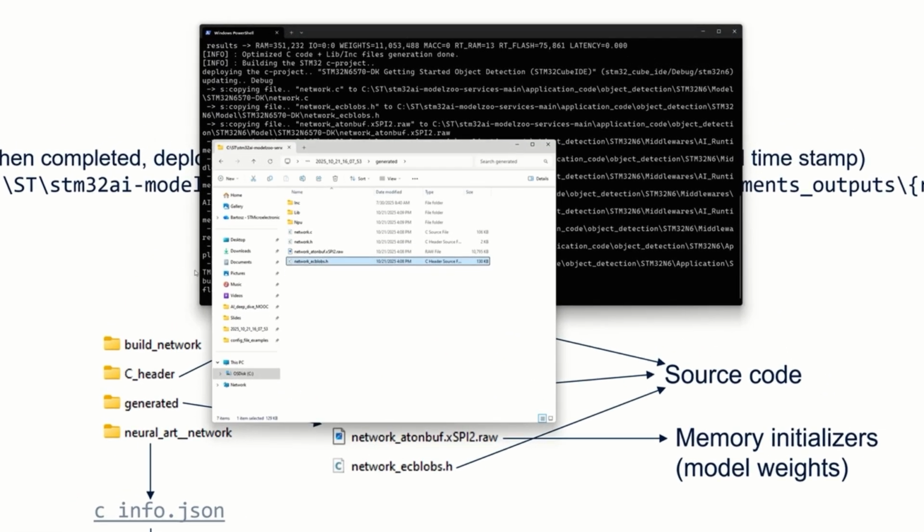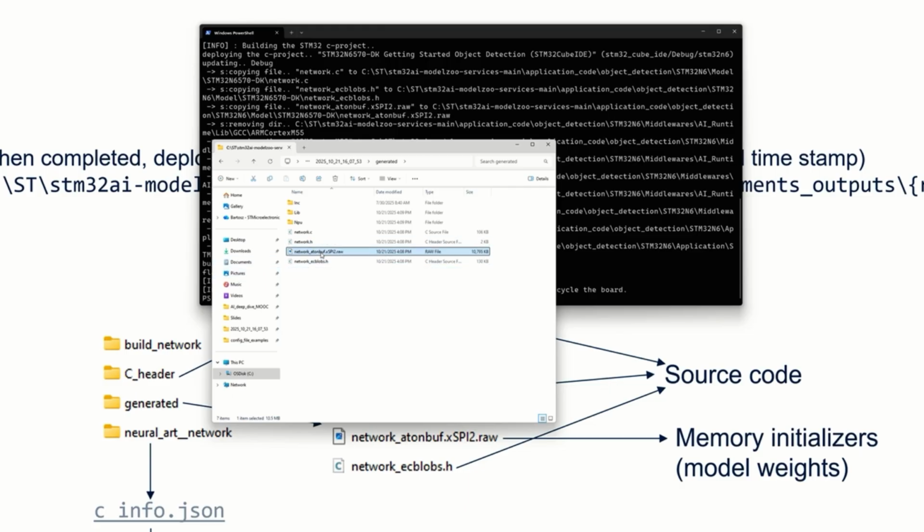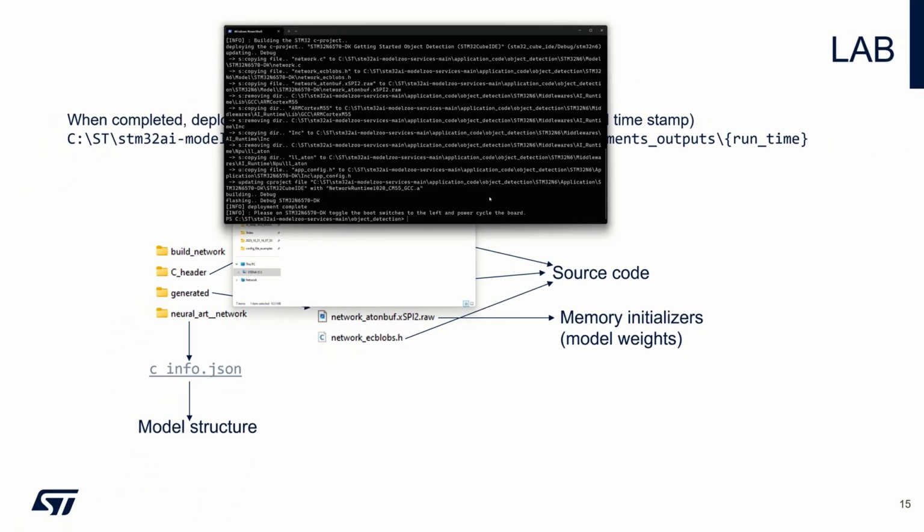Let's see. Here you can see about 11 megabytes of data. So it is finished. Both the embedded application, it is in RAM and in flash of the board, and the weights, the memory initializers are also in the external flash.